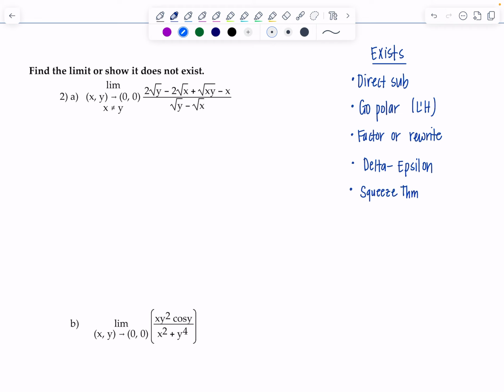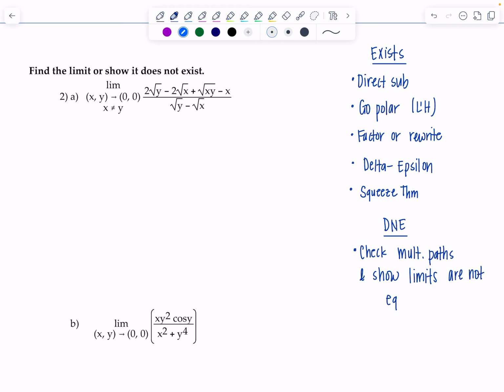That's pretty much it. To show a limit does not exist, that's when you check multiple paths and you show that the limits are not equal. Okay, so that's your strategy.